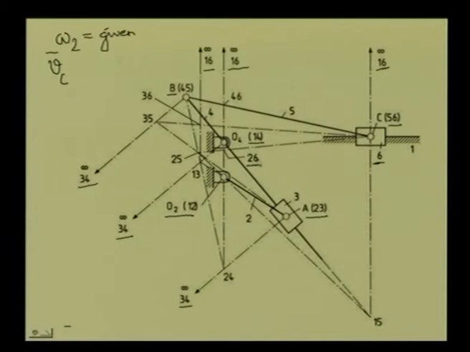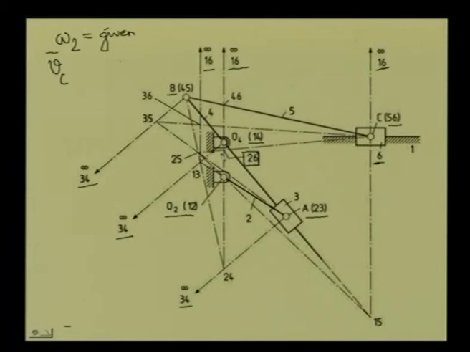Let us consider this relative instantaneous center 2 6, which is lying here. Now, by definition, the velocity of this point, if I consider it to be a point on body 2 or a point on body 6, must be the same. That is the definition of relative instantaneous center 2 6. Because omega 2 is prescribed, I can find out the velocity of this point 2 6.